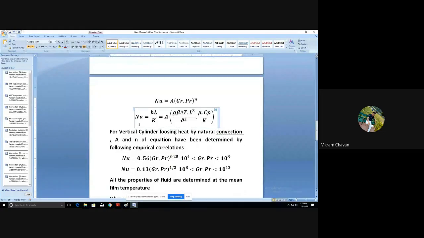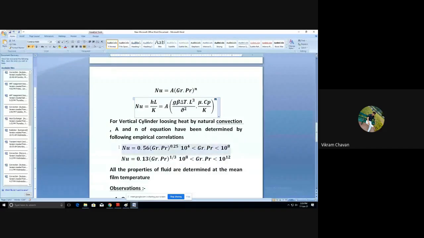For a vertical cylinder losing heat by natural convection, A and n of the equation have been determined by the following empirical correlations. Nu is equal to 0.56 multiplied by (Grashof number multiplied by Prandtl number) raised to 0.25 to be used when the product of Grashof number and Prandtl number is between 10 raised to 4 and 10 raised to 8.